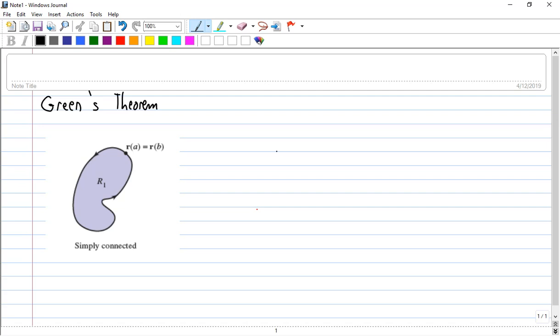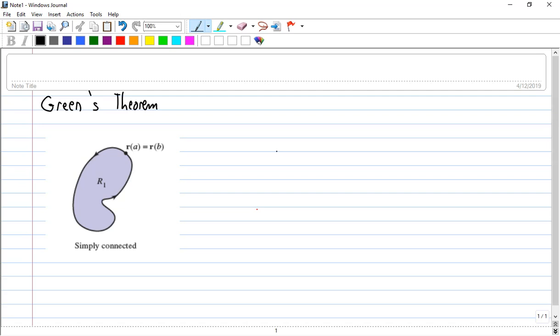So his theorem, the main thing it says, is that the value of a double integral over a simply connected plane region R is determined by the value of a line integral around the boundary of R. Alright, so that's simply connected.